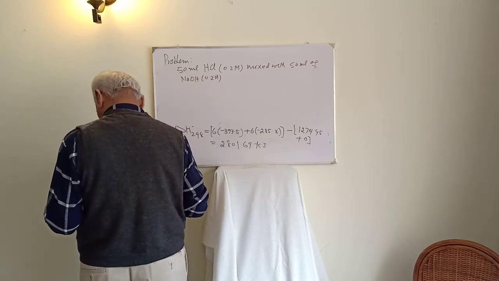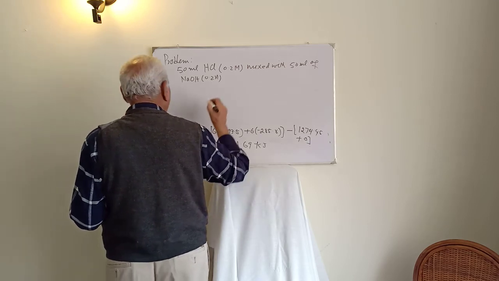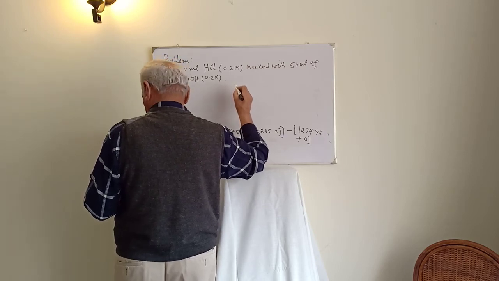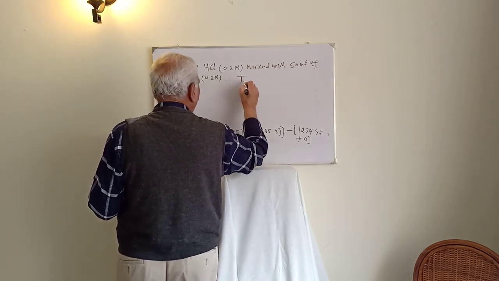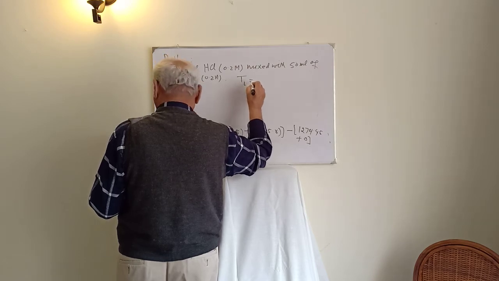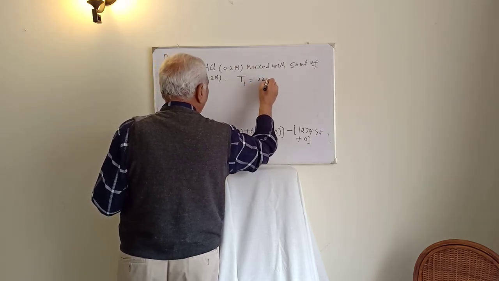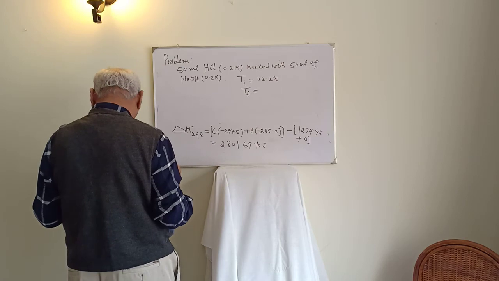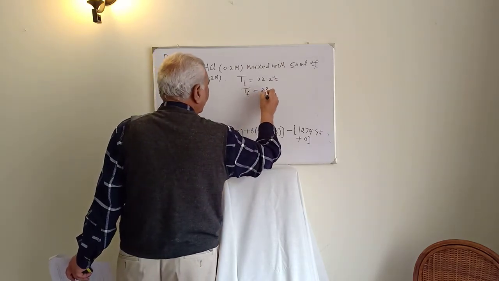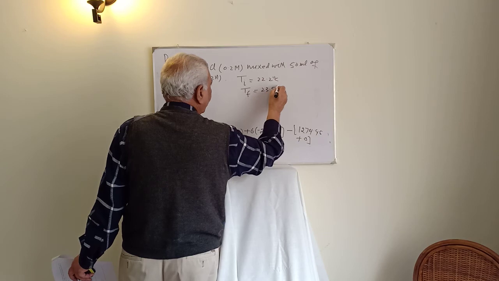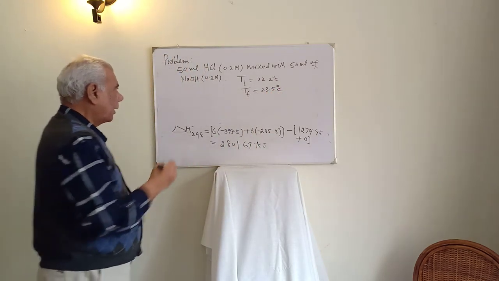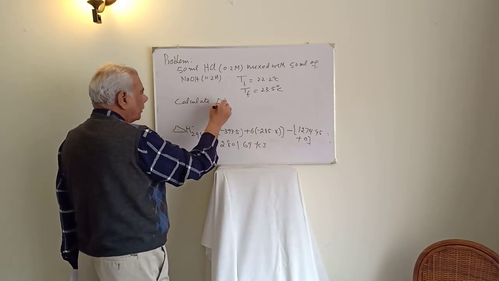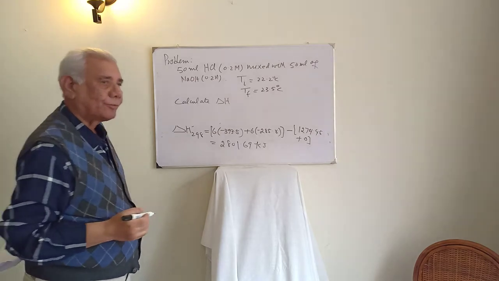Right. Okay. Then T initial is 22.2 degrees centigrade and TF is 23.5 degrees centigrade. Calculate delta H neutralization.